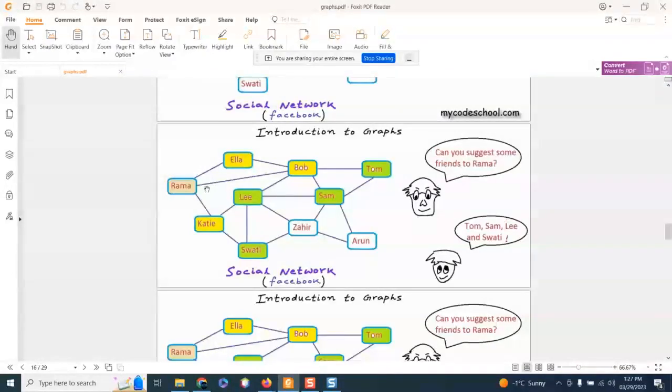So on the shortest distance, if I count this one, Rama can be a friend with Tom on the shortest distance of 2 from here. If I count 1 and 1 here, this 1 and 1 is already a friend, so we don't need to suggest that as a friend. If I talk about this Bob, he can suggest Tom as a friend, and through Bob, you can suggest Lee as a friend as well.